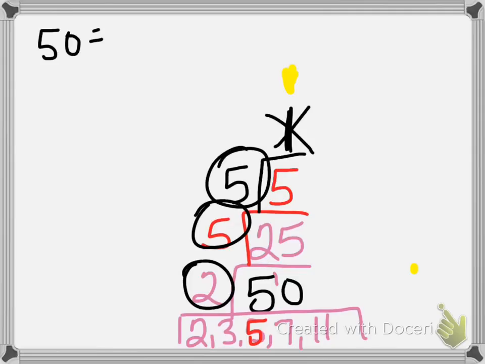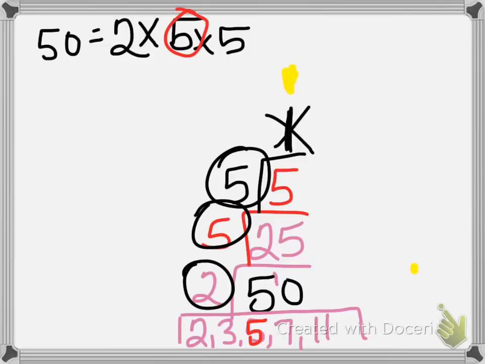So when we write out our prime factorization, we'll start off with 2 because 2 is smaller. And then instead of writing 5 times 5, this is when we use our exponents. So I have 2 5s, and because we're multiplying, we're going to use an exponent.